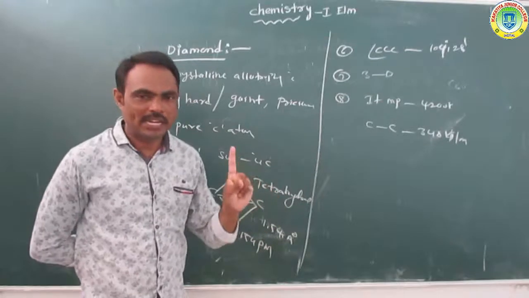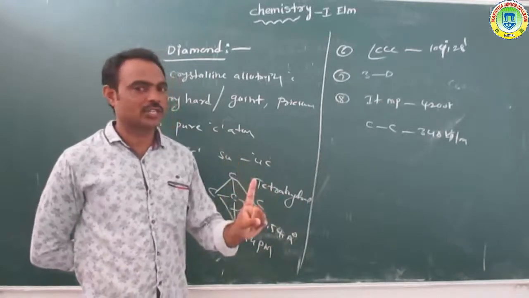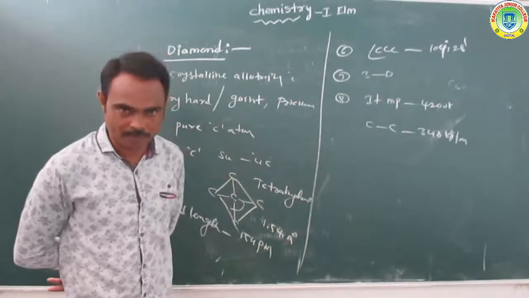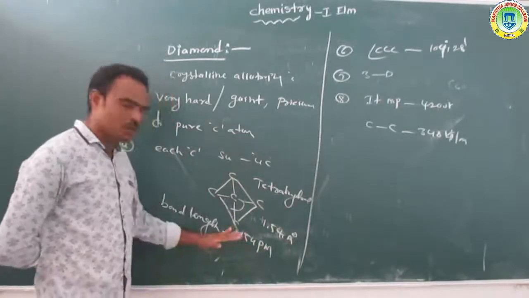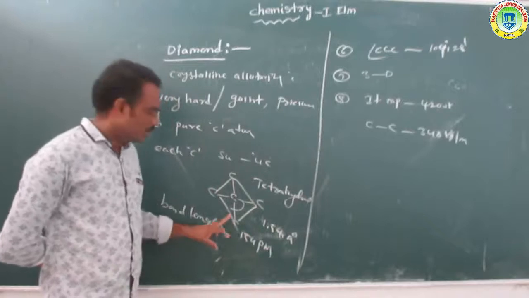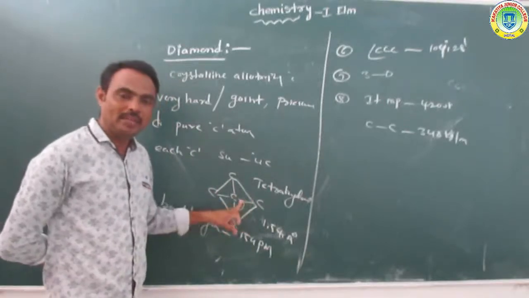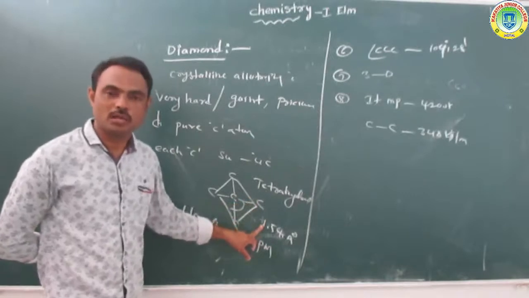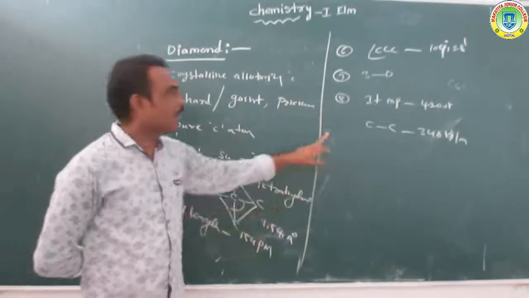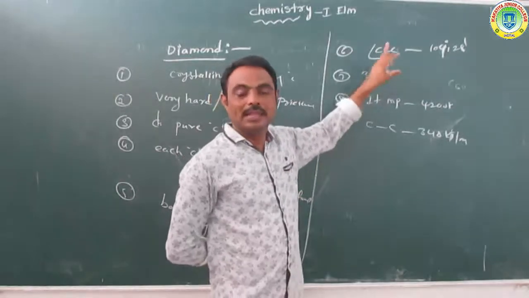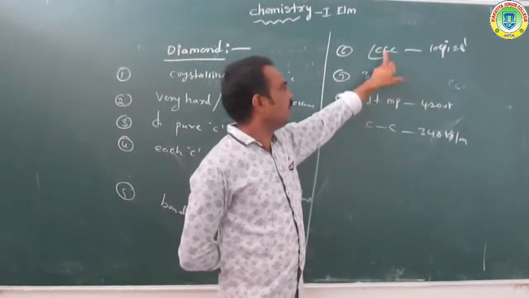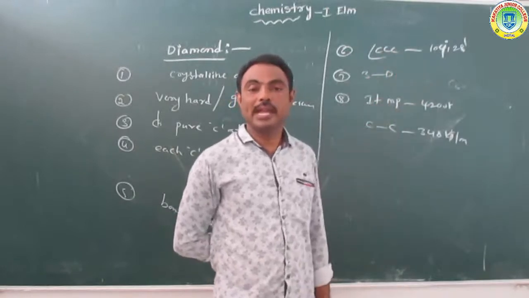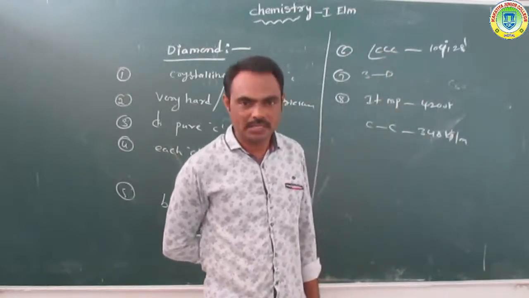Overall, diamond contains which structure? 3D structure. 3D structure means 3-dimensional structure. Okay, so in diamond, the bond length between carbon and carbon is 1.54 angstrom units, and the bond angle between carbons is 109 degree 28 minutes.